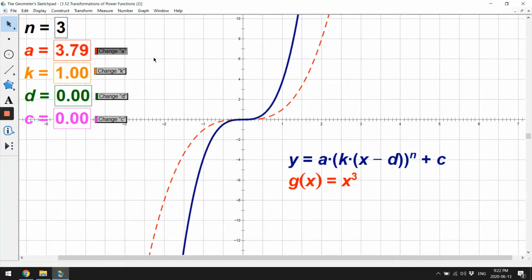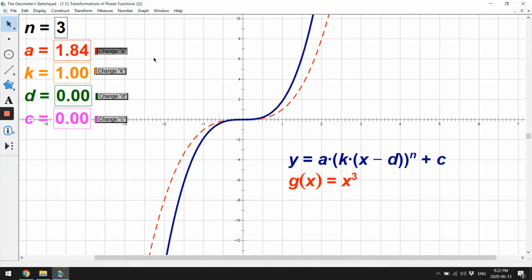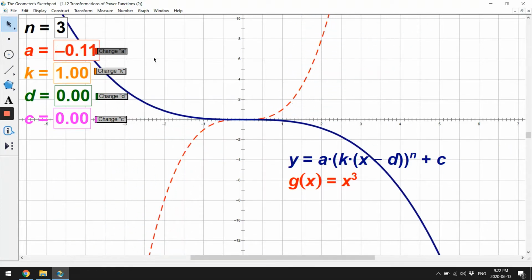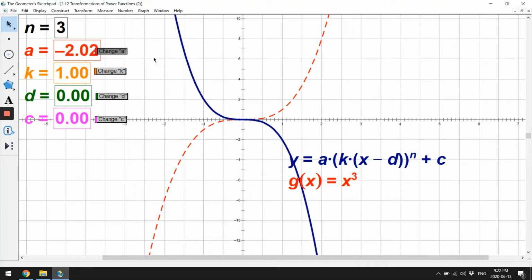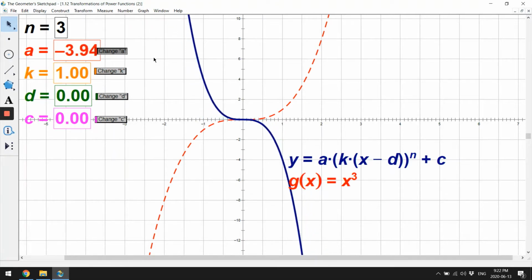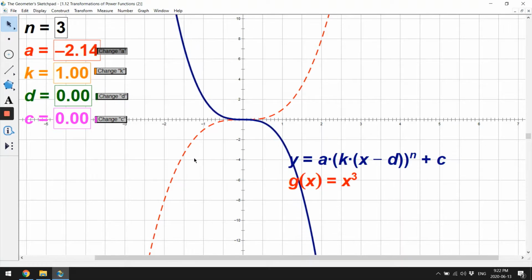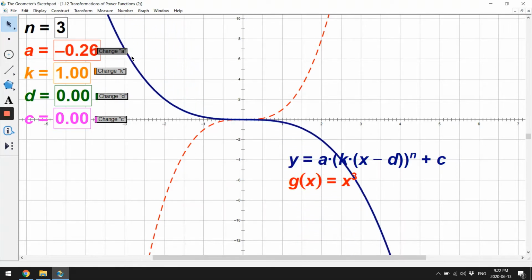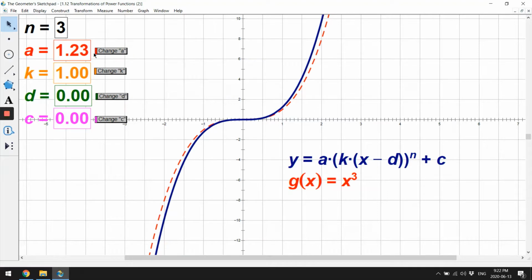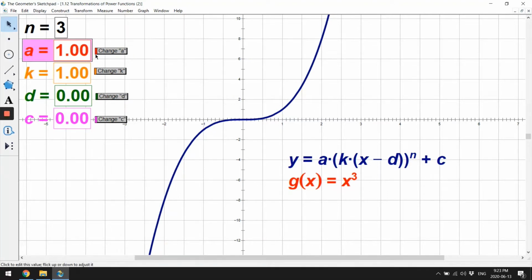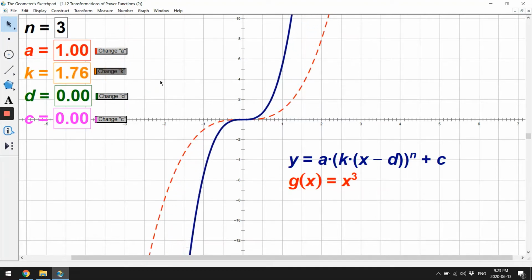So hopefully take a look at it. I'll let the animation keep running. And of course, this red dash graph is our base function. Okay, let's return that back to 1. What about k?